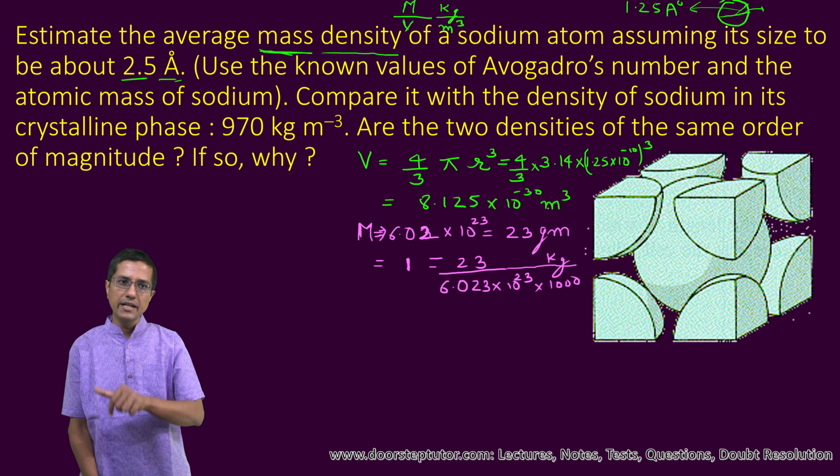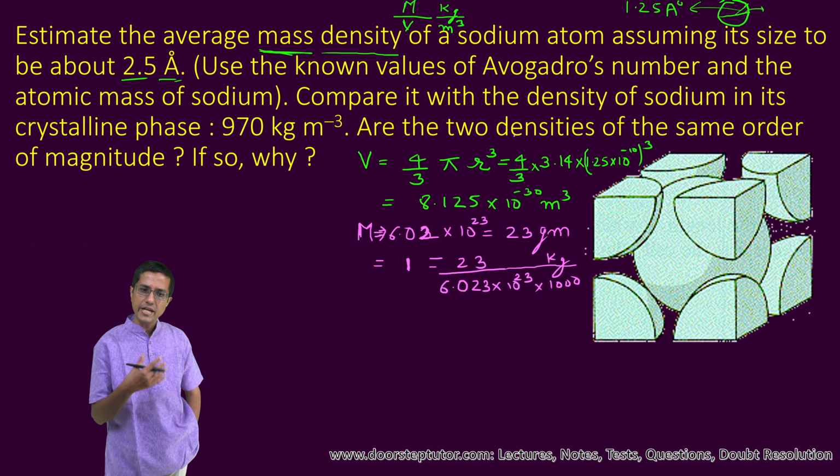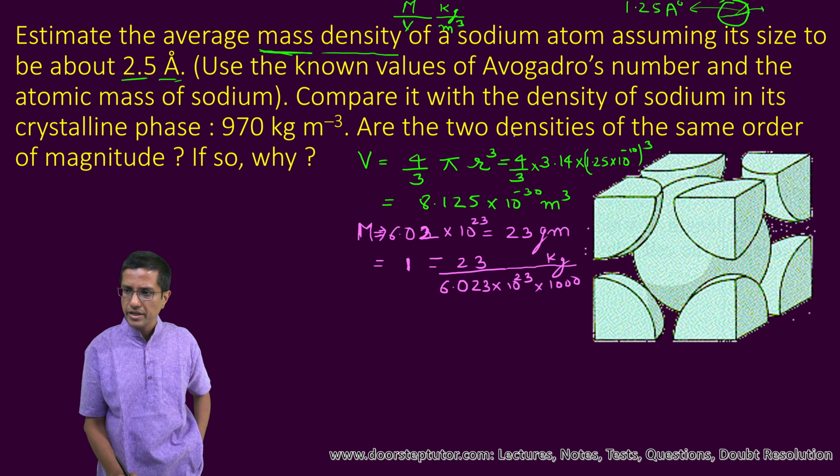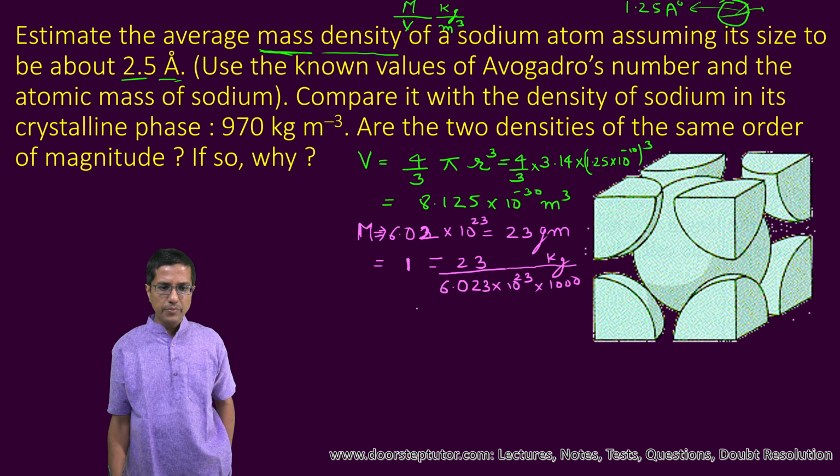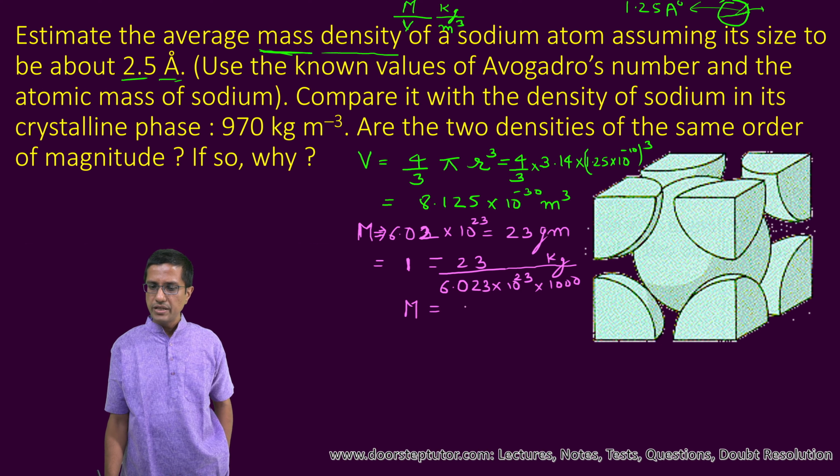That is what I need. We'll always use the SI units. Nothing complicated here. If you compute, the mass of one of these atoms comes out to be 3.81, I've already pre-computed this so that we don't waste our time, into 10 raised to power minus 26 kilogram.